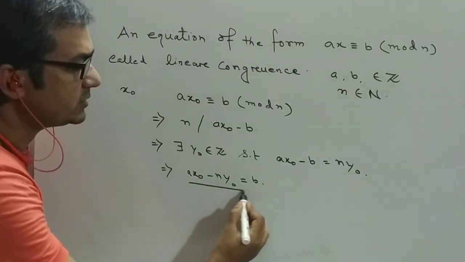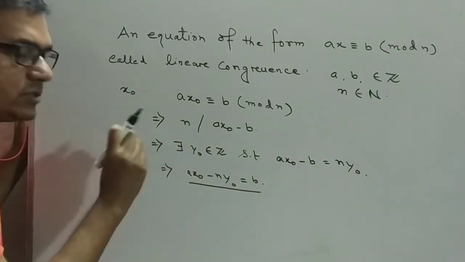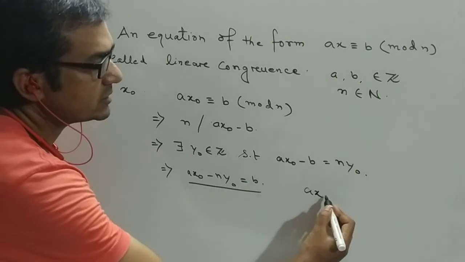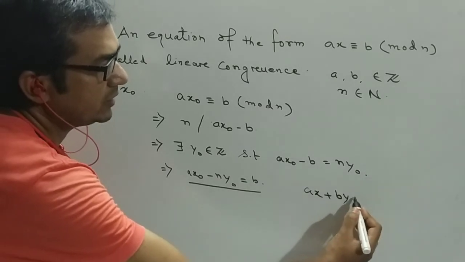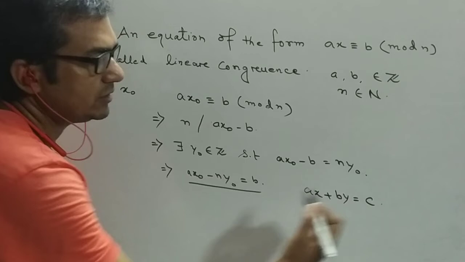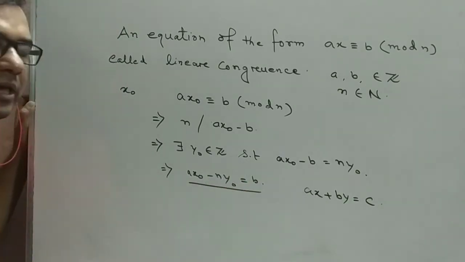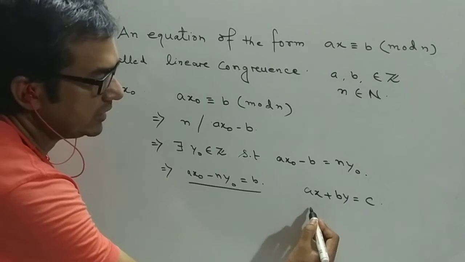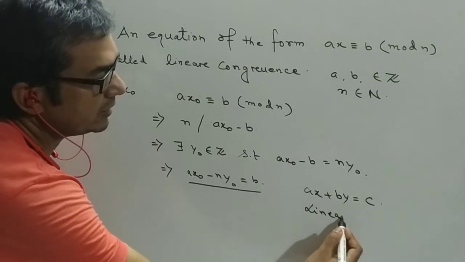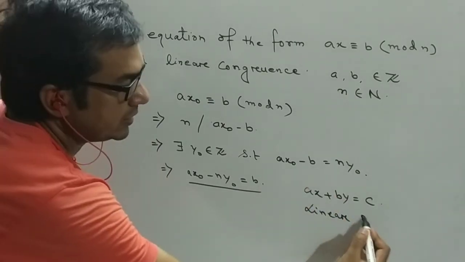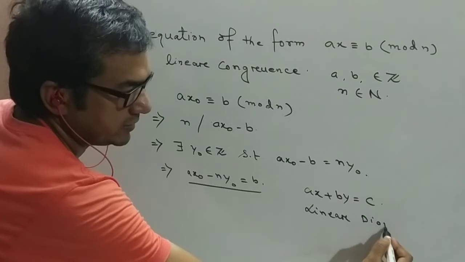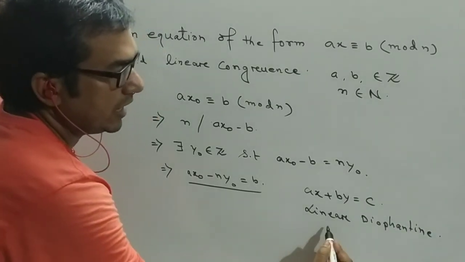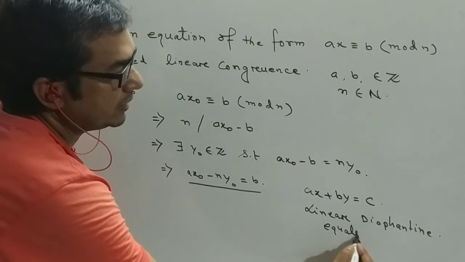And this equation is of the form Ax plus by equal to C, and this is the linear Diophantine equation.